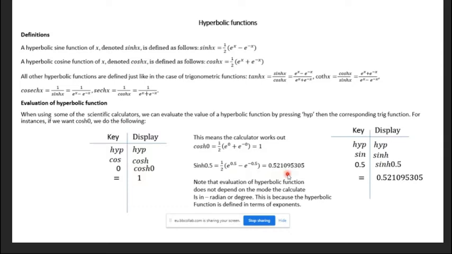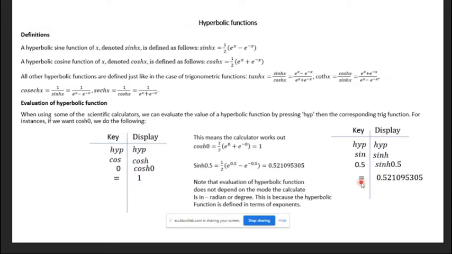But again, if you want to use the buttons on your calculator, you follow the same principle. You press HYP, and then sine, and then 0,5. Then it will indicate to you that it's working out the hyperbolic sine of 0,5.